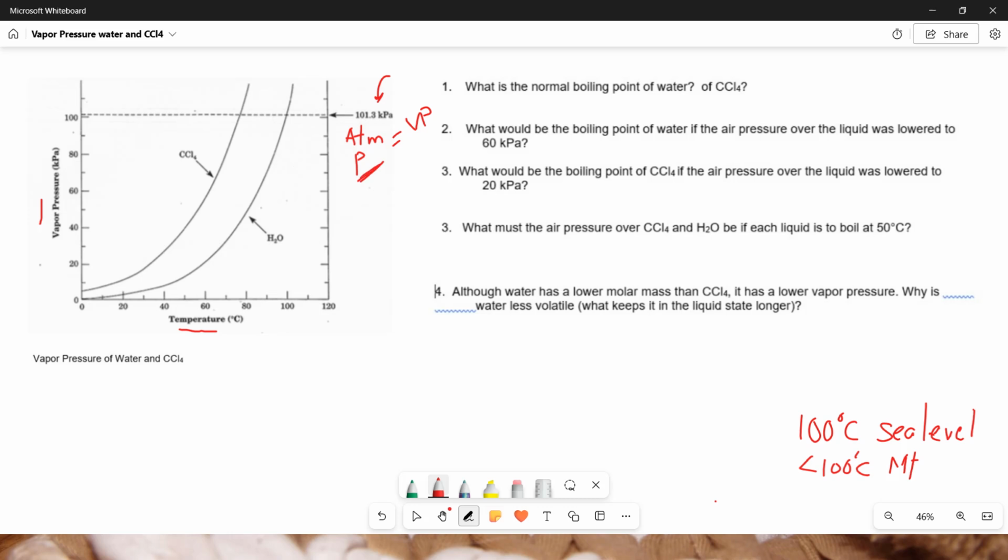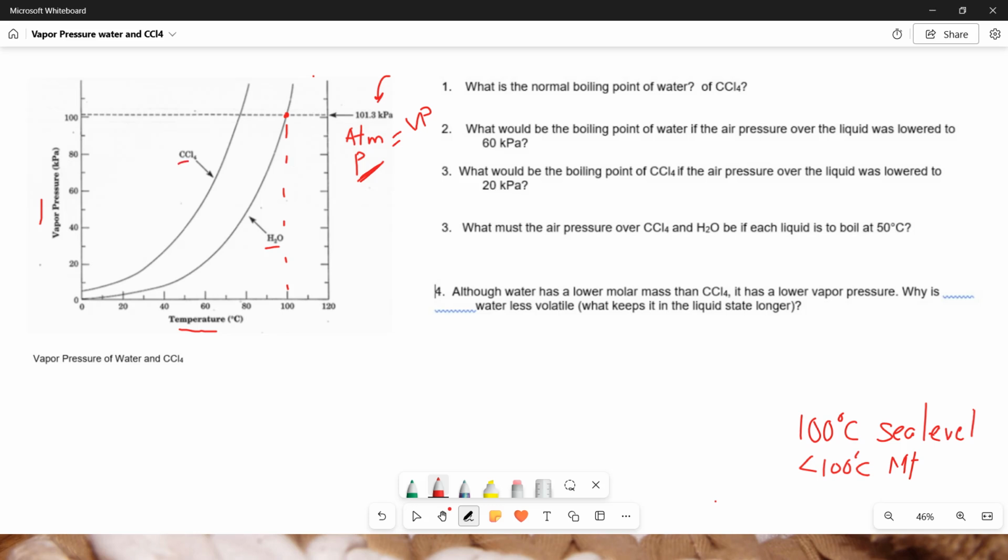So what does that tell me? Well, when I intersect here with water at the atmospheric pressure, I know I'm going to have the boiling point. So if I drop down, we can see that the boiling point is 100, because 101.3 is standard pressure. It's what would be the pressure at sea level.